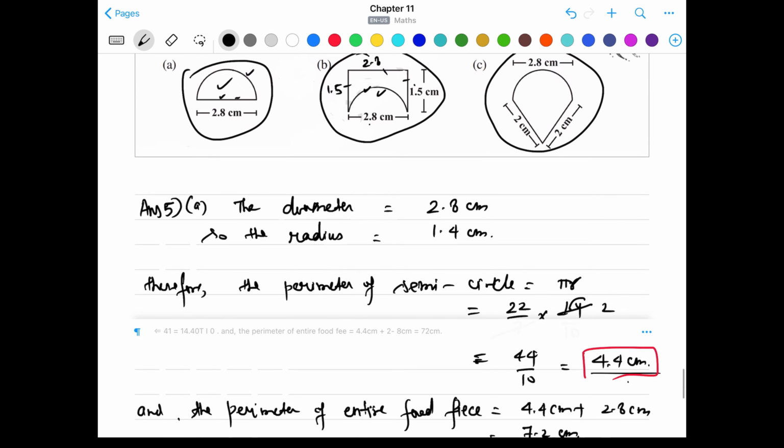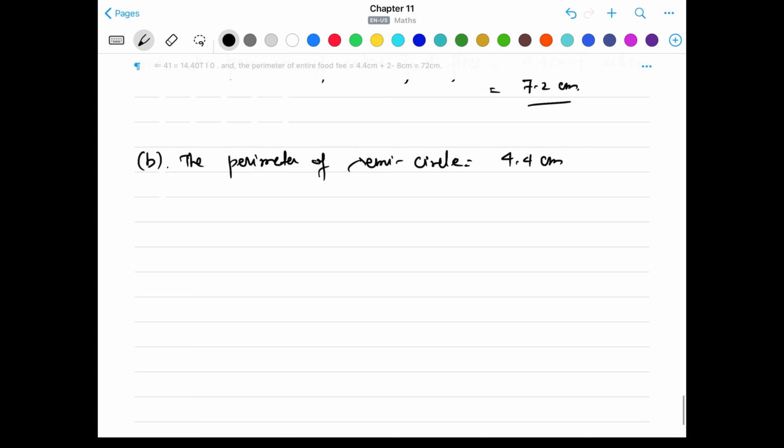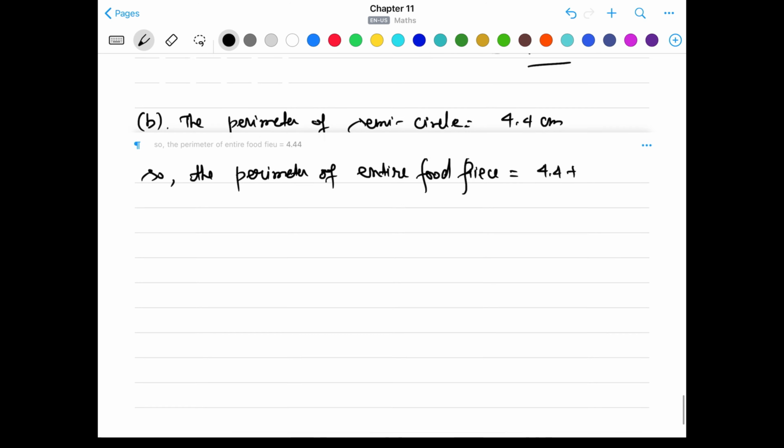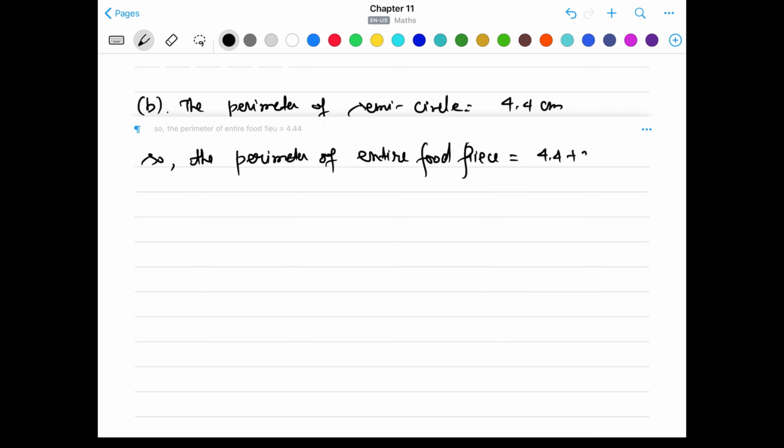So let's write the perimeter of the entire food piece: it will be the semicircular part, which is 4.4, plus this above part 2.8, and then 1.5 and 1.5, which you can also write as 3 directly.